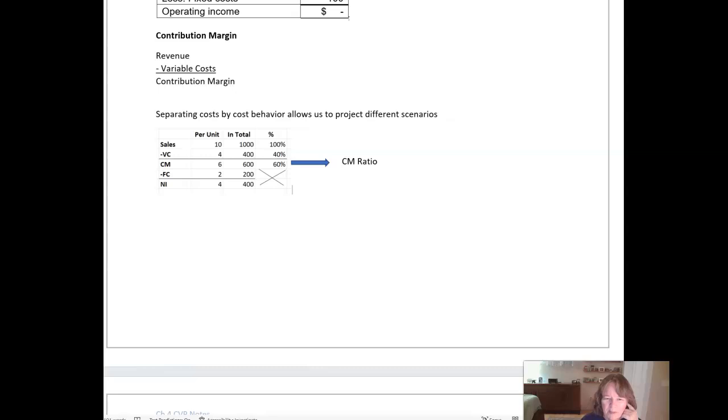Okay, it would be 200 divided by our contribution margin, 0.6. What is that? I thought I was in Excel, but I'm not. Divided by 0.6. Of course, it's 333.3333. Okay, that would be break even dollars.